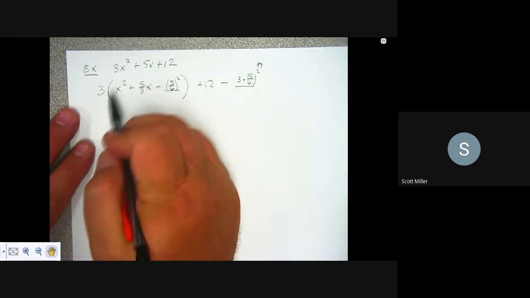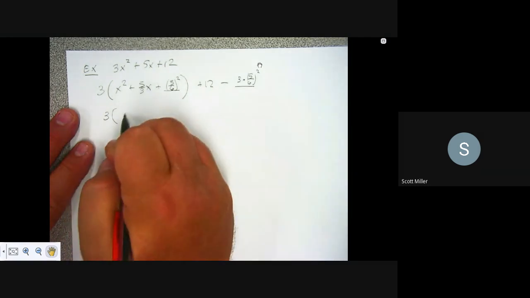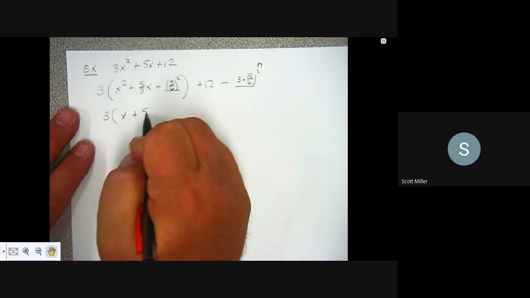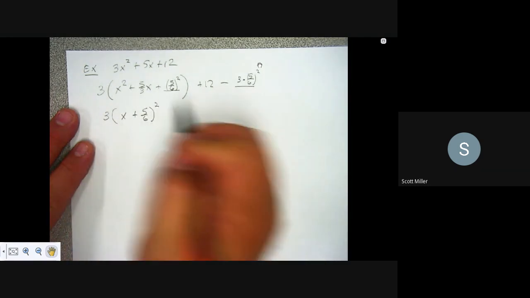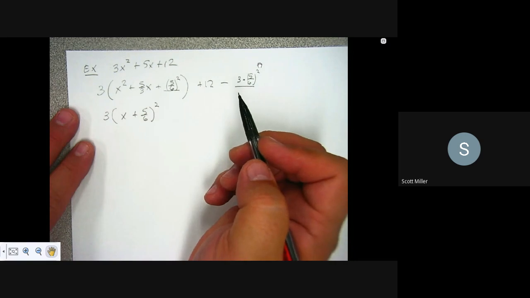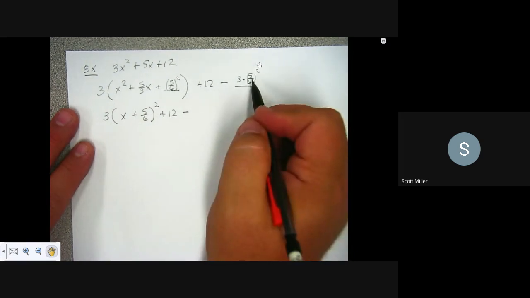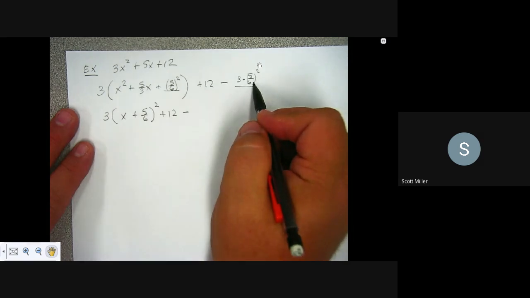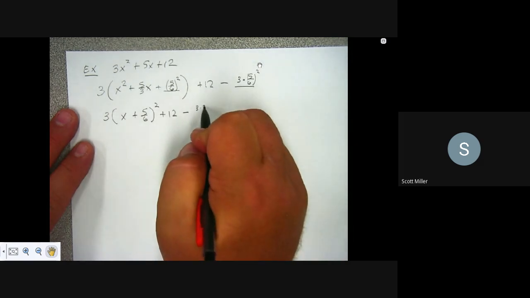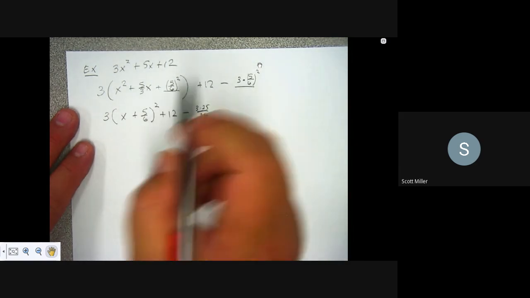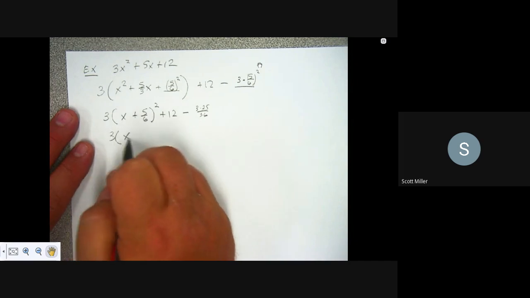This stuff right here becomes x plus 5 over 6 quantity squared. Plus the 12 minus, then I have to work this out over here. That's 25, that's 36. So I'm going to get 3 times 25 over 36.